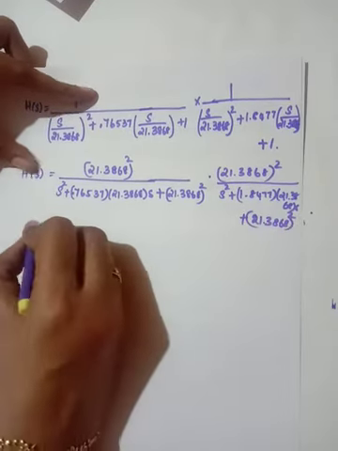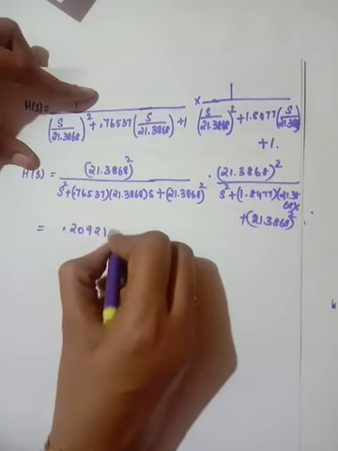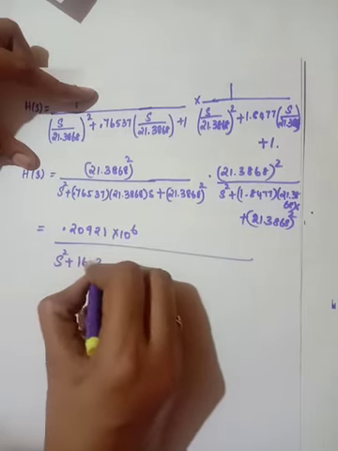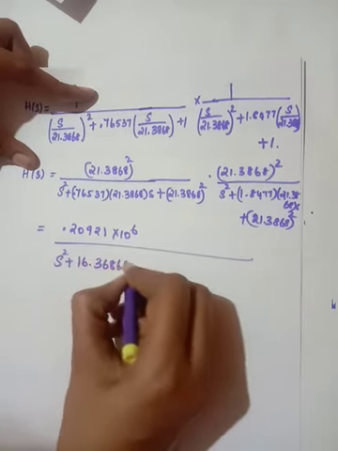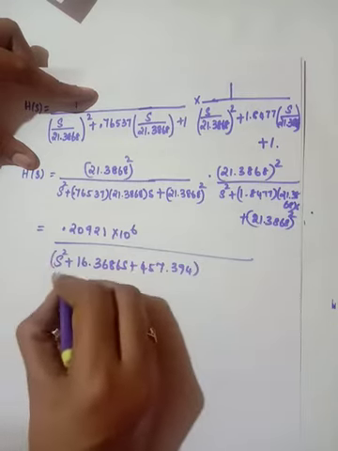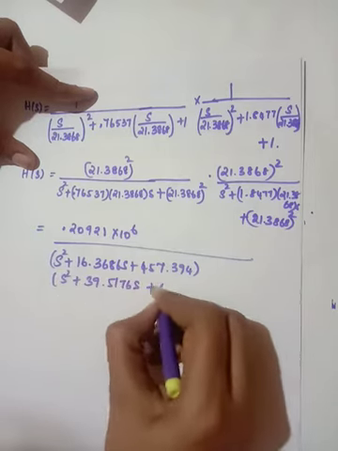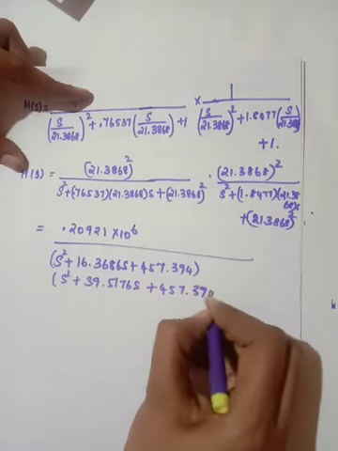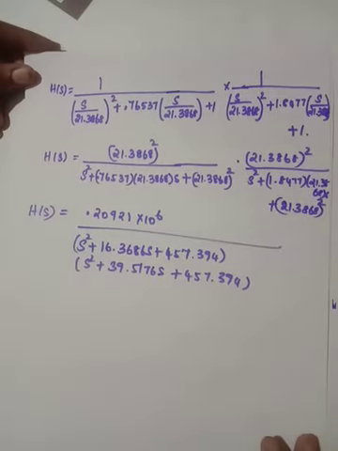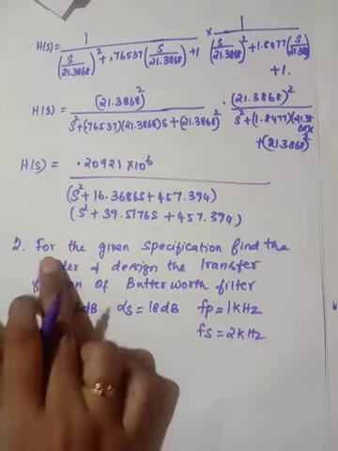When you simplify these values, you will get 0.20921 into 10 power 6 divided by (s square plus 16.3686 s plus 457.394) into (s square plus 39.5176 s plus 457.394). This is the desired transfer function for the given specification.